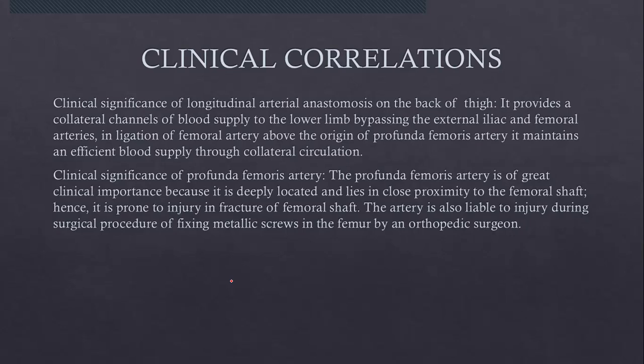And remember, the ascending branch of the first perforating artery participates in the formation of the cruciate anastomosis. And in the cruciate anastomosis, we have the descending branch of the inferior gluteal artery. So the inferior gluteal artery is a branch of the anterior division of the internal iliac artery.